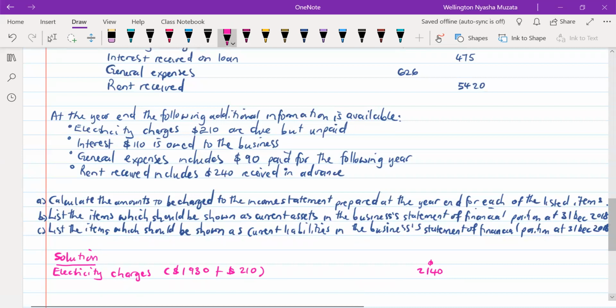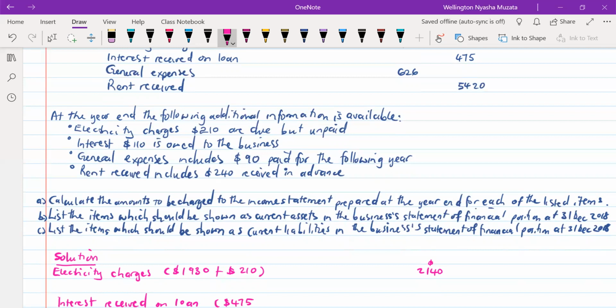We are given interest on loan, and the interest received on loan is actually part of other income. So we need to remember that the other income is added to the gross profit. So interest received was 475, yet 110 was still owed to the business.